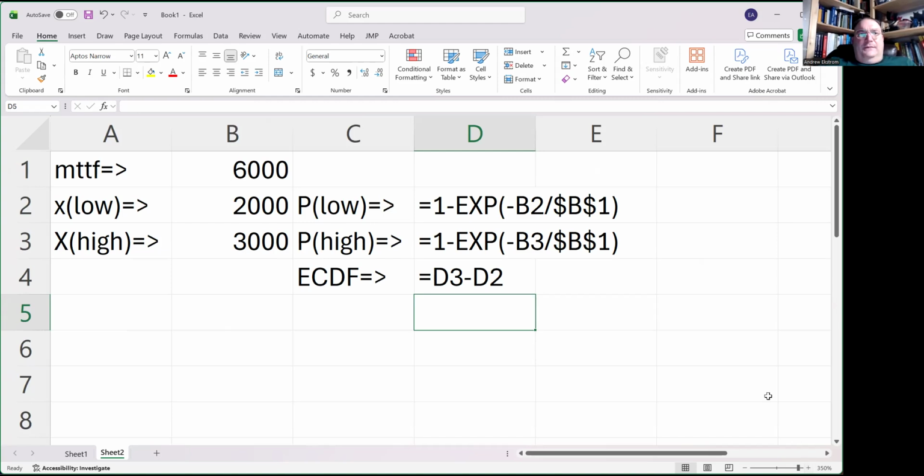And like I said, with the exponential distribution, it's good for looking at lifetimes of things. It's not the absolute best. The absolute best is a Weibull distribution, which takes everything that we've just done here and then ups the complexity just a little bit.